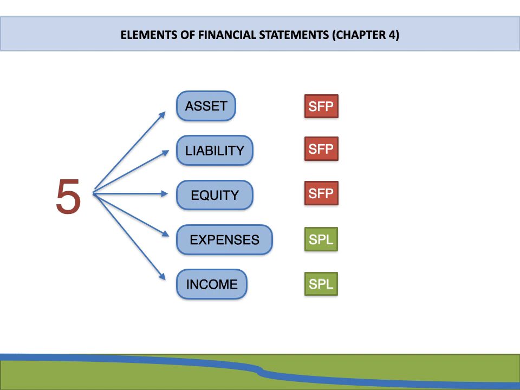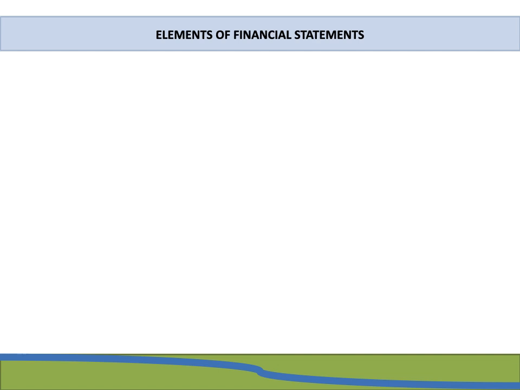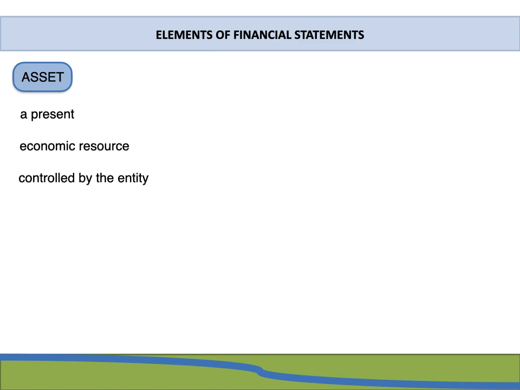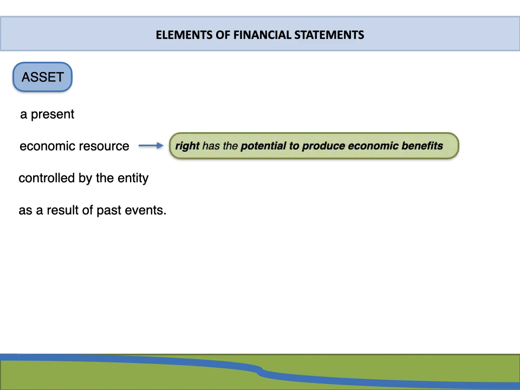So let's take a closer look at what the definitions of these items are. So an asset is a present economic resource controlled by the entity as a result of past events. Now, if we take a closer look at economic resource, this is a right that has the potential to produce economic benefits.